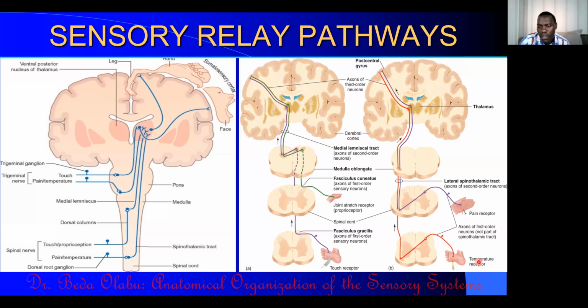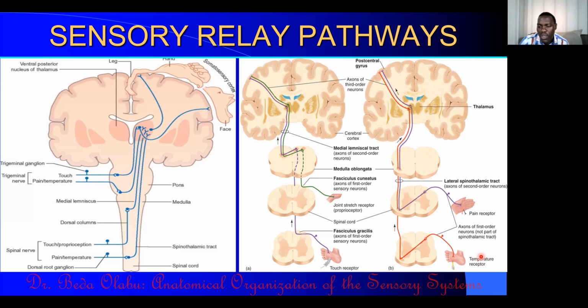This one is with regard to temperature. That means maybe it's heat. So once you have heat, now this is on the lower limb, as you can see, there'll be receptors there for heat. The receptors for heat will convert that to action potentials, which are then carried via the primary sensory neuron.